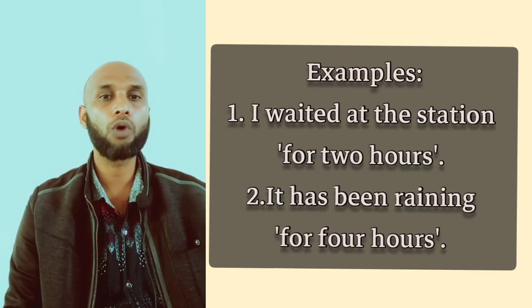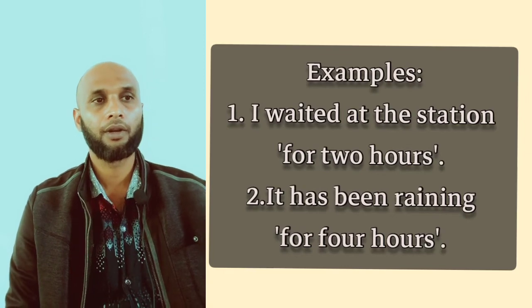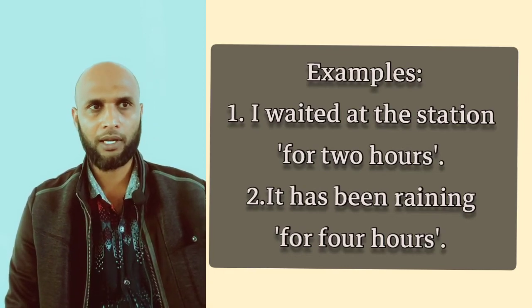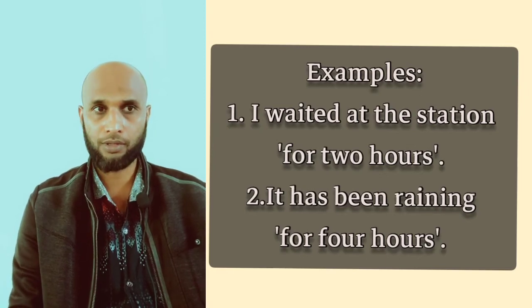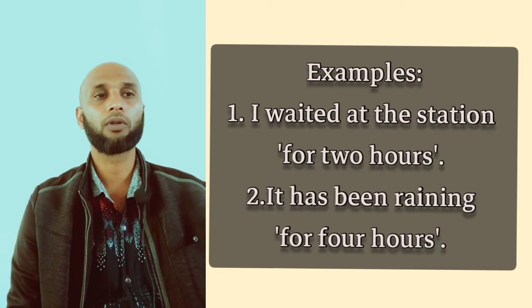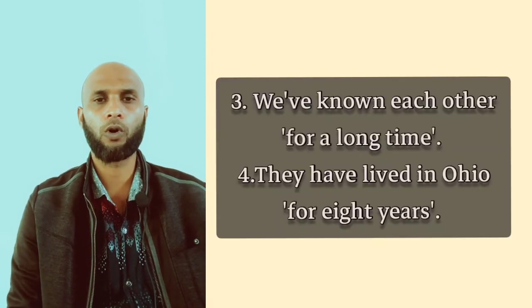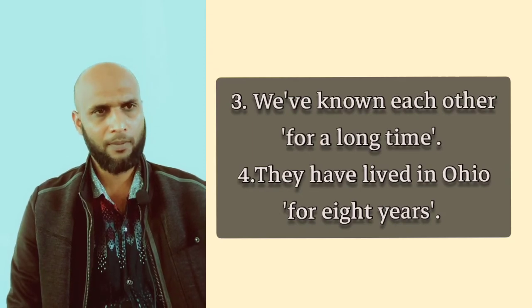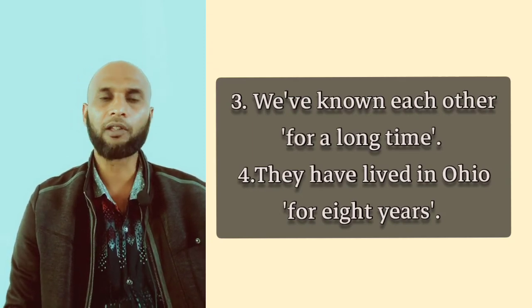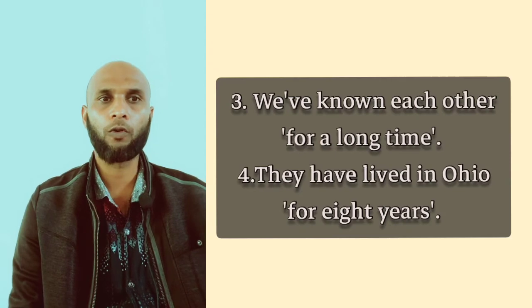For 2 hours. Example number 2, it has been raining for 4 hours. In example number 3, we have known each other for a long time. Example number 4, they have lived in Ohio for 8 years.